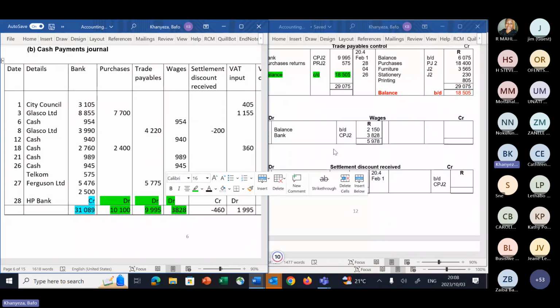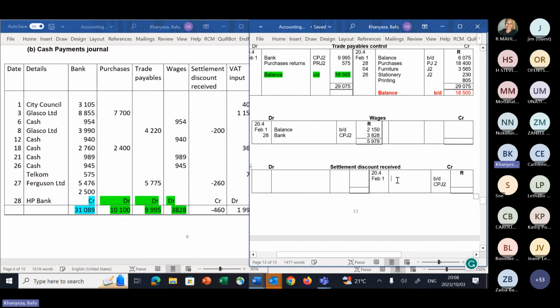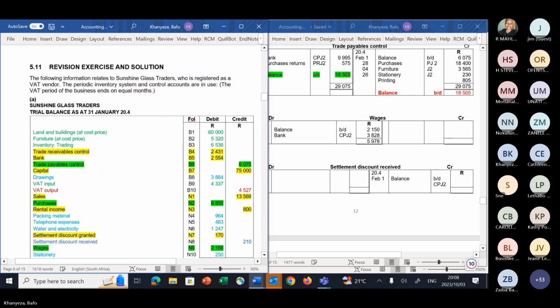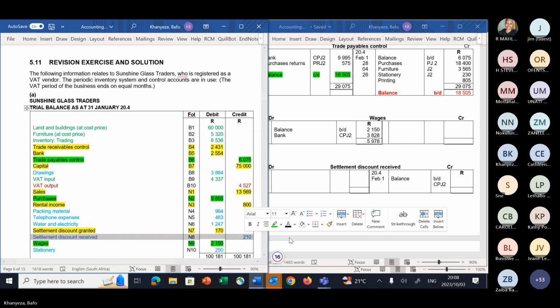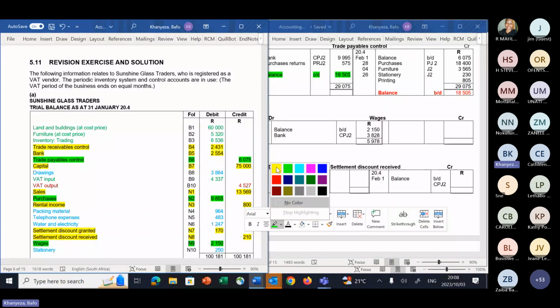Then we move on. Settlement discount received. Start with the balance. It's a credit.